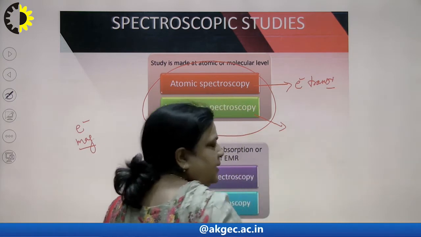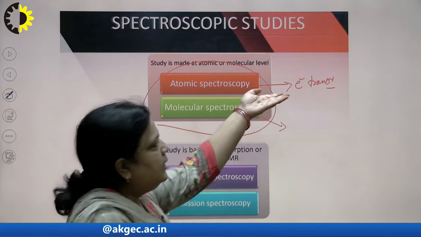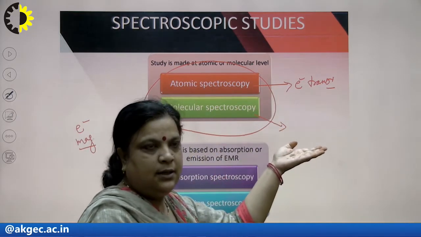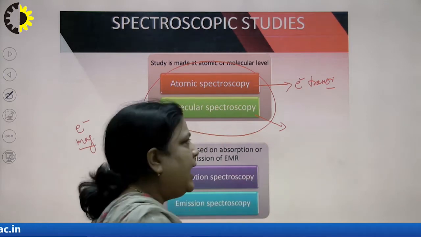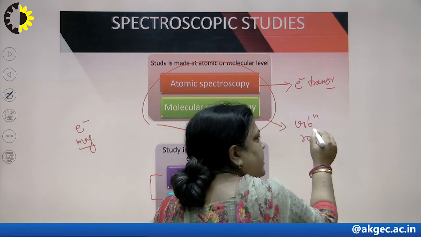but we know that besides this electronic transition, there are other transitions between energy levels, and these energy levels are called vibrational energy levels and rotational energy levels.